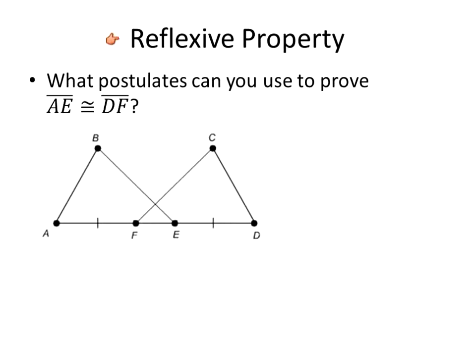So kind of thinking about this reflexive property, what postulates can you use to prove that line segment AE, so it's going from here to here, is congruent to line segment DF. So it's going from here to here.